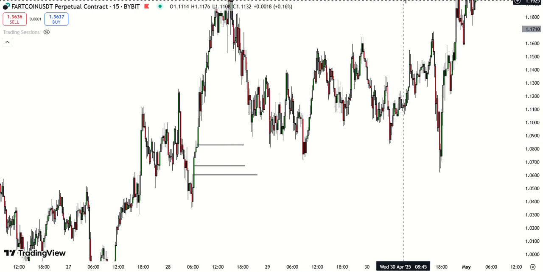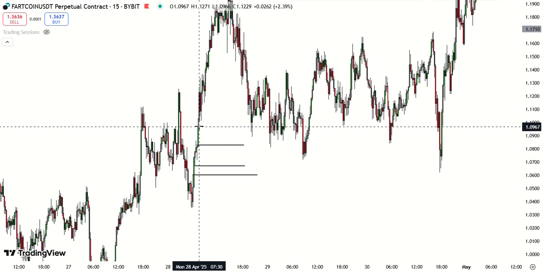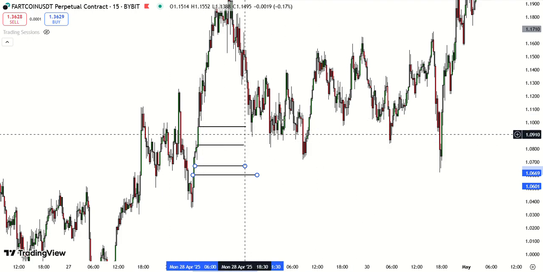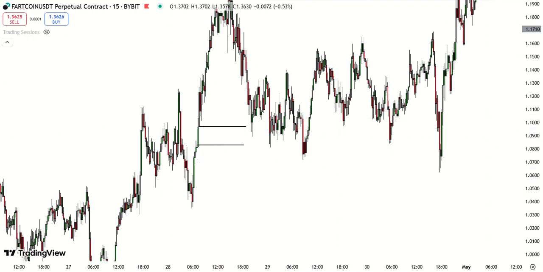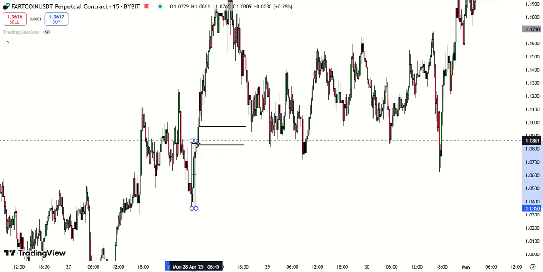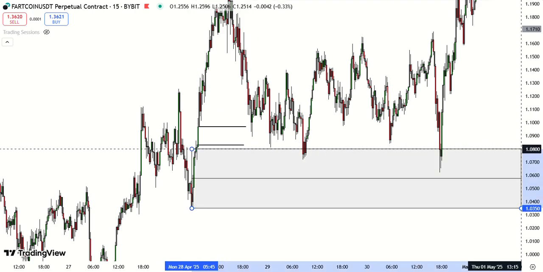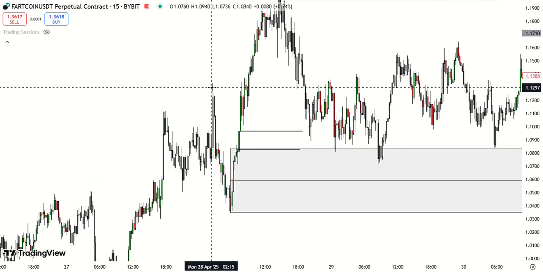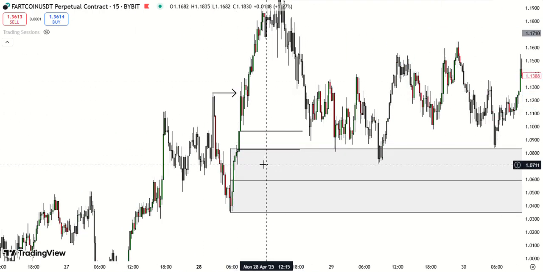Also, there's another fair value gap over here. So I'm just going to delete this one because this one is more significant and bigger. So essentially, you can just mark this out like this from the low to a significant order block, which causes the break of the structure to the left.